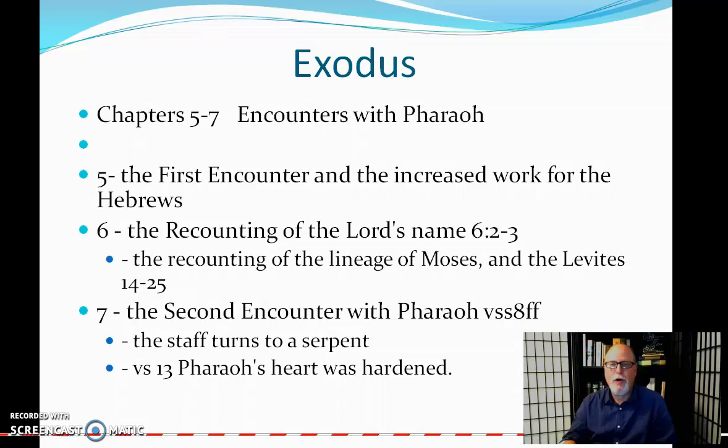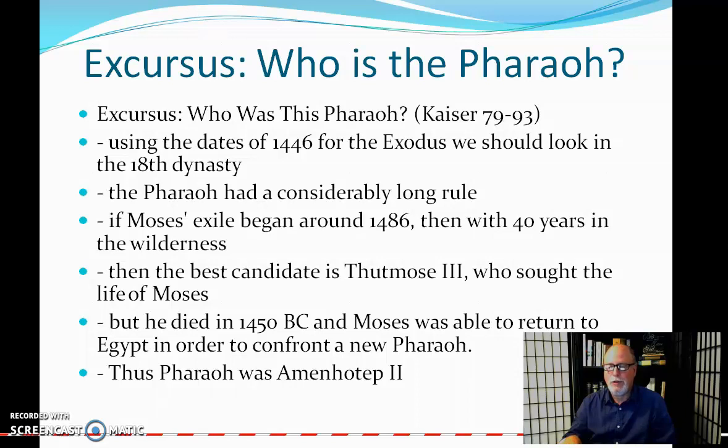That's going to be a recurrent theme through the plague cycle that we will see. Who is this Pharaoh? If we use the date of 1446 for the Exodus, which I think is an accurate date, then we can think about the 18th dynasty of the Egyptian dynasties. This Pharaoh had a considerably long rule. Moses' exile began in about 1486 and was 40 years in the wilderness.